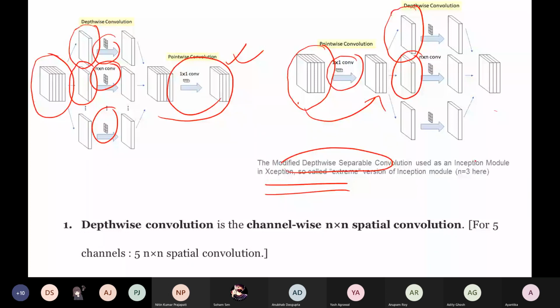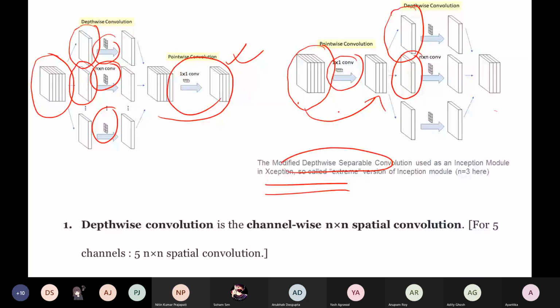In the case of Xception, we are taking the concept of inception itself, where we initially applied the 1 cross 1 convolution and then separately applied the n cross n convolution.